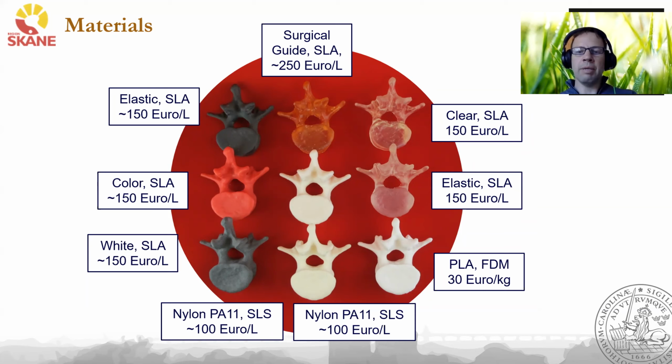So in practice, it may be 1/10 of the cost of SLA or SLS materials per printed milliliter. Note that for the SLS, the price per part really depends on how much of the unsintered powder can be reused and how well you manage to pack the printer. So it's important there to pack the printer properly.